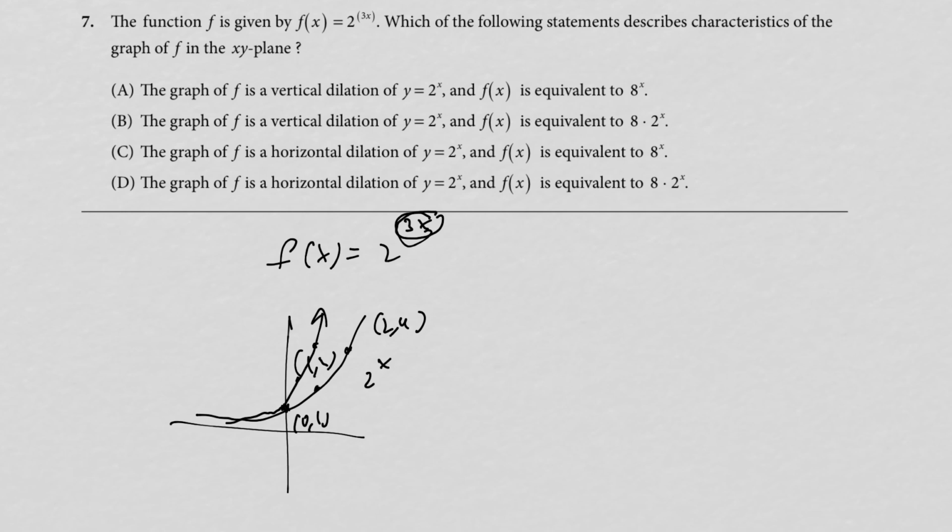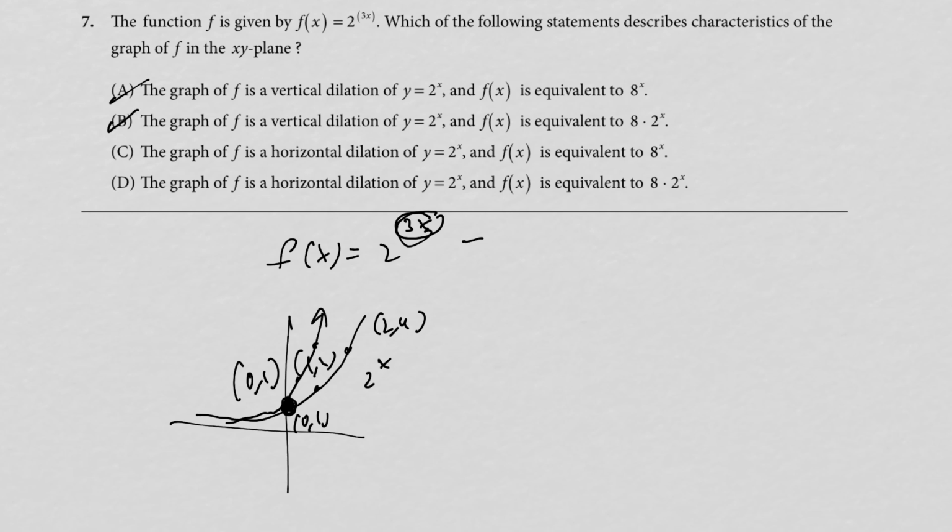This is a little bit ambiguous because with exponential graphs, you could get horizontal dilation multiple ways. You can get to this new curve. It's not a vertical dilation, though, because it still has the point (0, 1) on it, and a vertical dilation would move that y-intercept up. So we're down to these two. Now, which of the two is it?